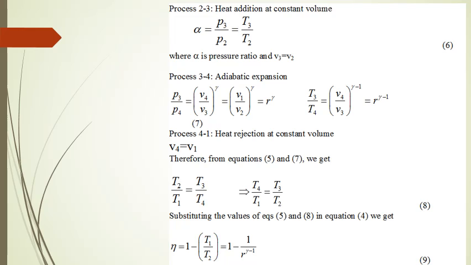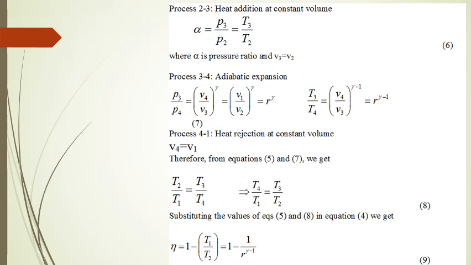Now, as you know, from 4 to 1 volume is constant, so V4 is equal to V1, and volume is constant also from 2 to 3, that is the heat addition process, so V3 is equal to V2. So that expression becomes V1 upon V2 raised to power gamma, that is equal to r raised to power gamma. Similarly, T3 upon T4 is also equal to V4 upon V3 raised to power gamma minus 1, which is also equal to V1 upon V2 raised to power gamma minus 1.